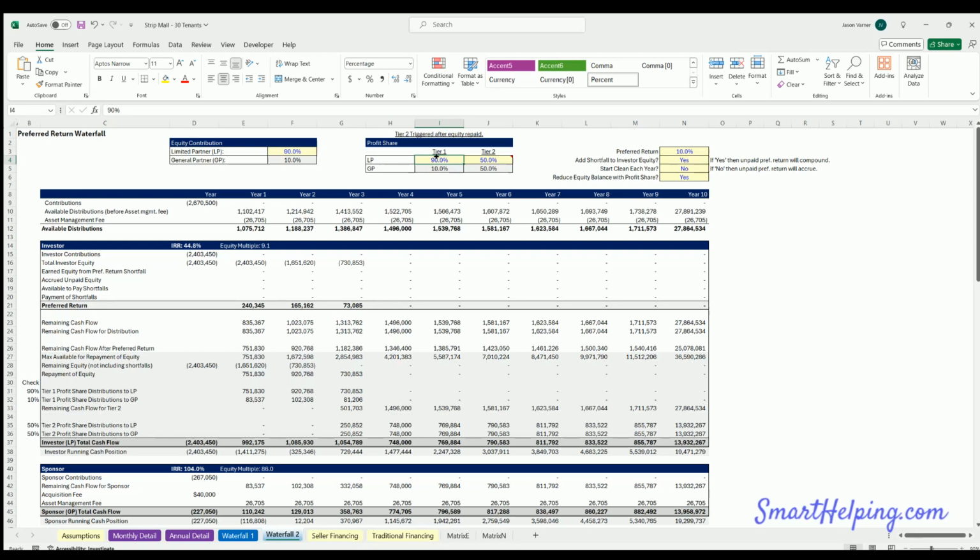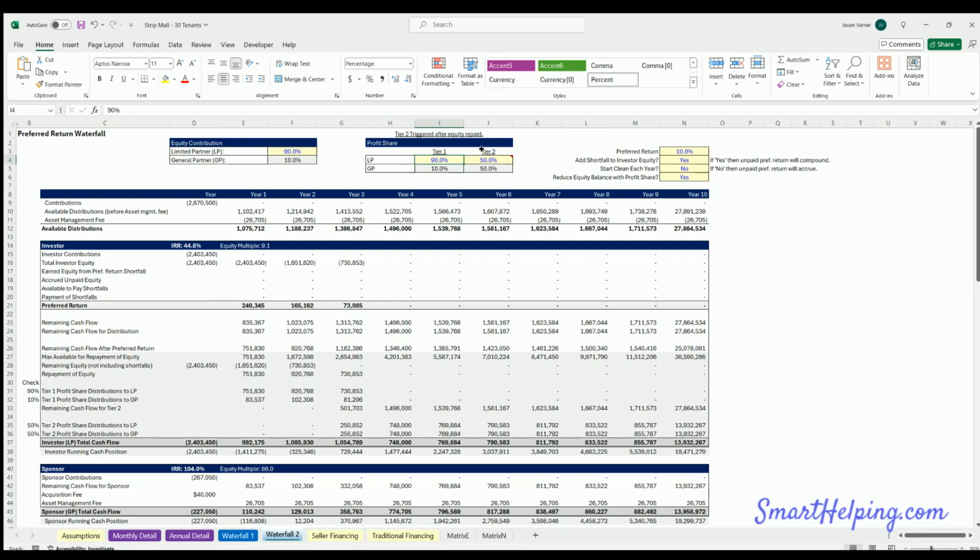So this 90-10 is saying after this preferred return is earned, 100% of the cash flow goes to this first. And it's not an IRR, so they're not getting their initial equity back, and this is just the return, 10%. And then cash is split beyond that 90-10 until the LP has gotten their money back.